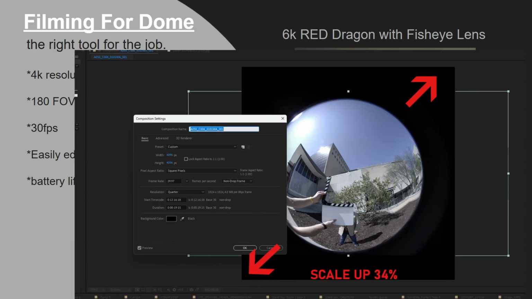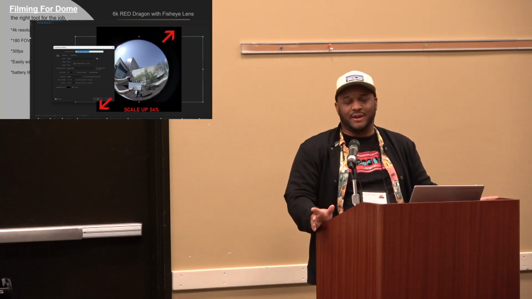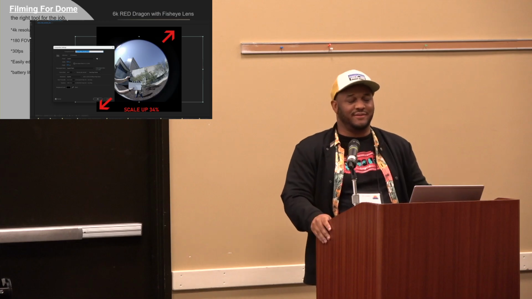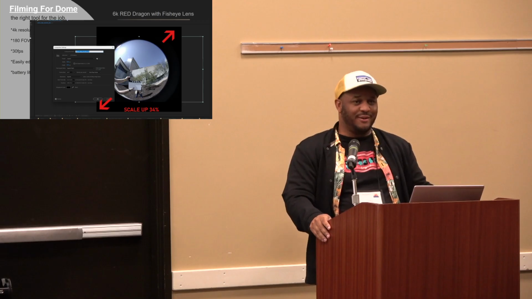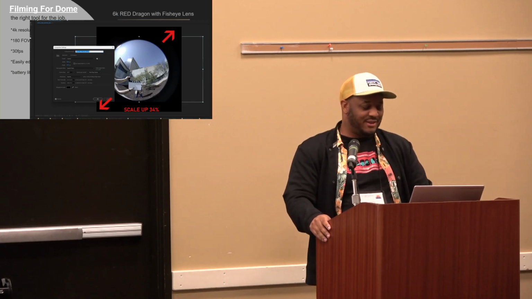Then we'd have to scale up the footage by like 30% or so, and it would cause a bit of a loss in resolution, and we wouldn't get the best footage out of it sometimes, along with a host of other issues. It was bulky, and it was a hassle to deal with.